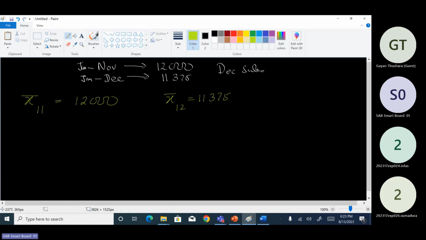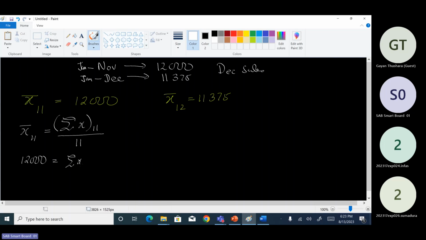How would they have calculated the 11-month average? X bar 11 they would have calculated as the first 11 months' total sales divided by 11. So this 11-month average is given as 12,000.